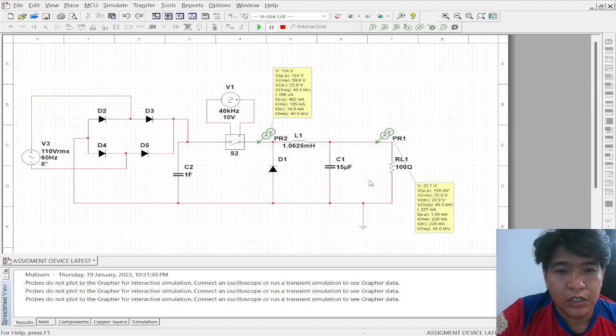So this is our simulation. Our Vpp is 155 from AC to DC, and then goes to the voltage output, which is 22.7 volt.